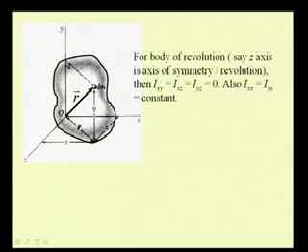Then we have Ixy equal to Ixz equal to Iyz equal to 0, and also Ixx equal to Iyy, because we have the z axis as the axis of symmetry. The quantities Ixz and Iyz become 0, and also in the plane xy the body has a symmetry, and so Ixy also becomes 0.